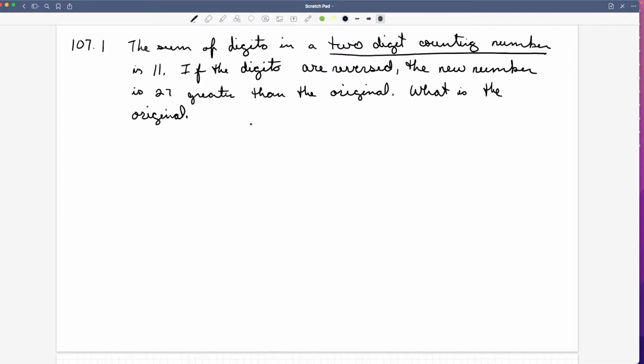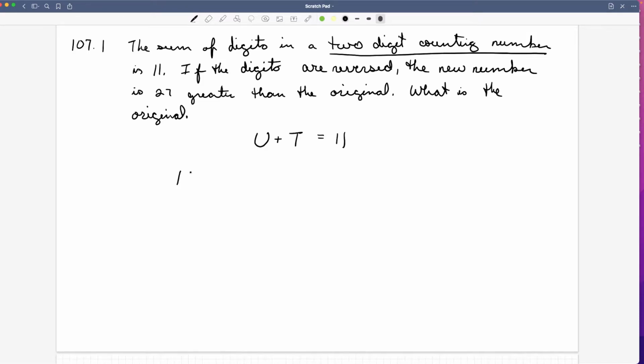So that tells us we can create an equation. The units plus the tens place is equal to 11. If the digits are reversed, the new number is 27 greater than the original. What is the original? So let's create a value equation based on that.